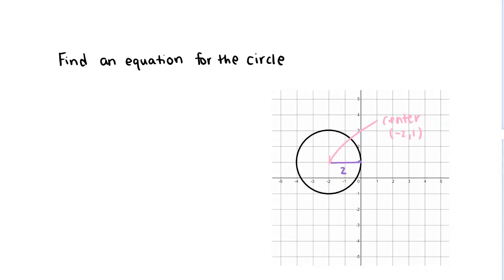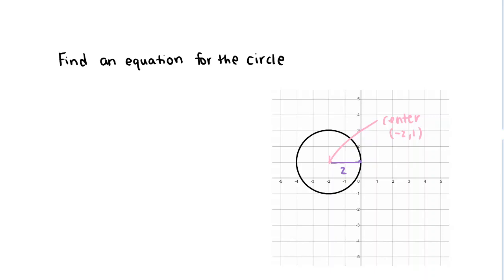So how do we find the equation of a circle? Well, the core idea is using the distance formula. The definition of a circle is a set of points that are the same distance away from a center point, so it feels like the distance formula should be in this picture.